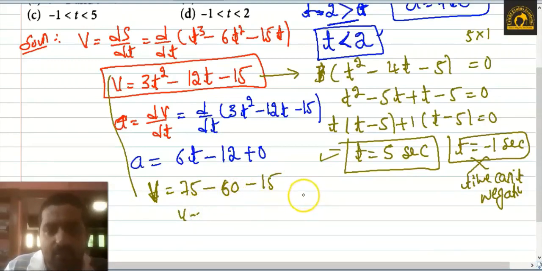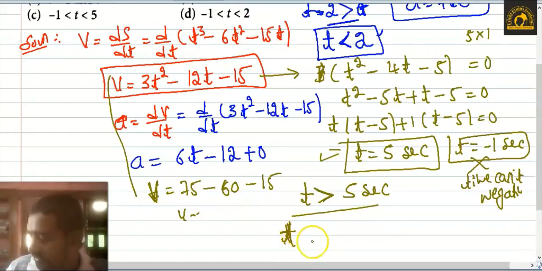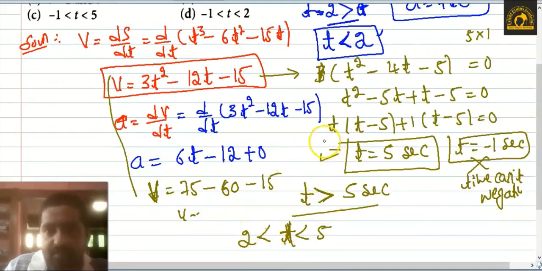So the velocity is zero when the time interval is greater than 5 seconds. Then the time interval is greater than 2 and lesser than 5. So that is the answer for this question.